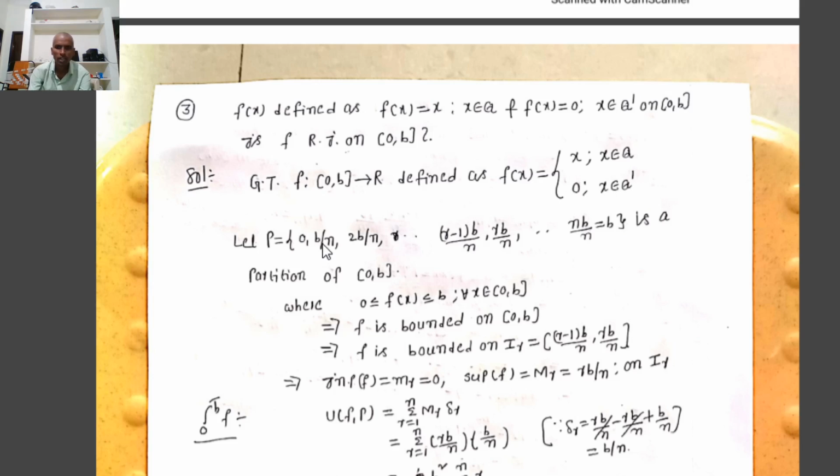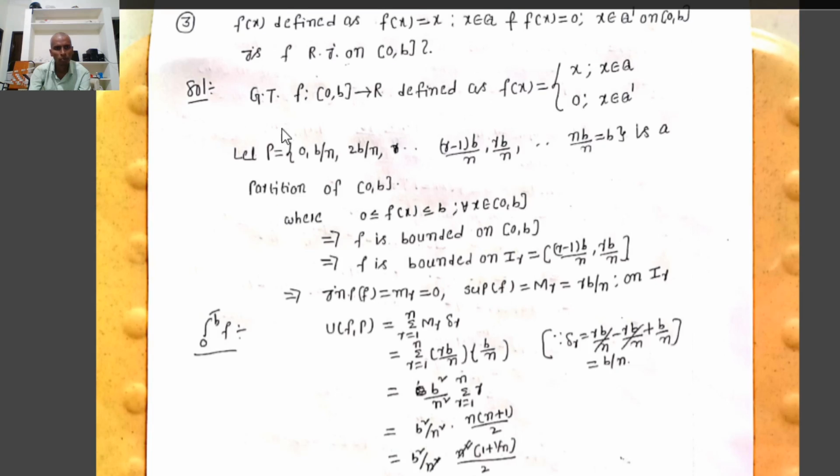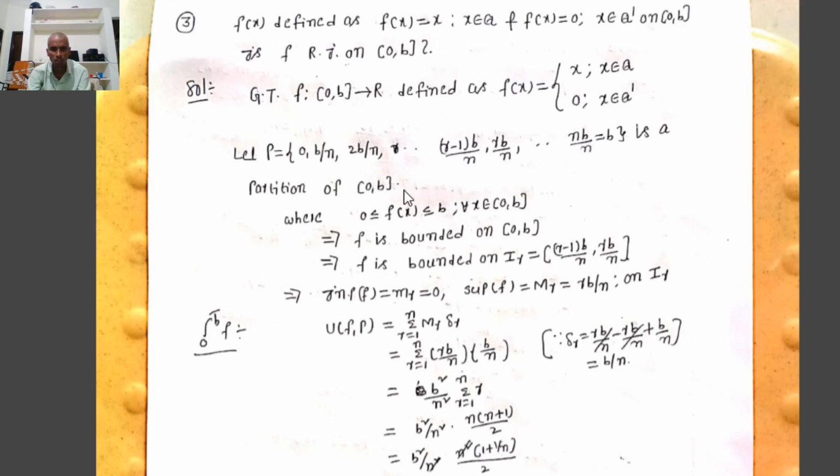Already we know that the standard partition of [0, b] is P = {0, b/n, 2b/n, 3b/n, up to (r-1)b/n, rb/n, up to nb/n = b}, which is a partition of the closed interval [0, b], where f(x) = x for x in Q and 0 for x in Q'.